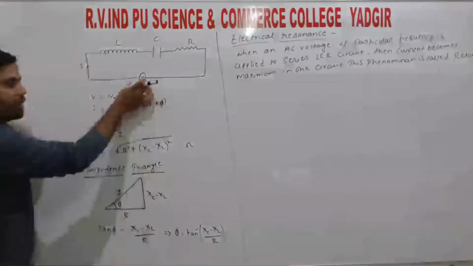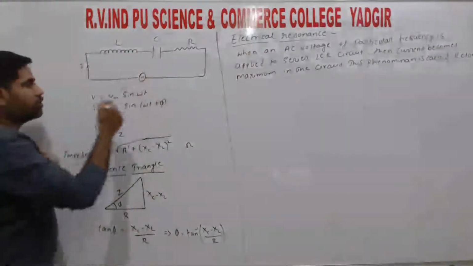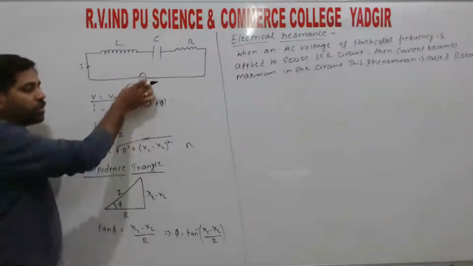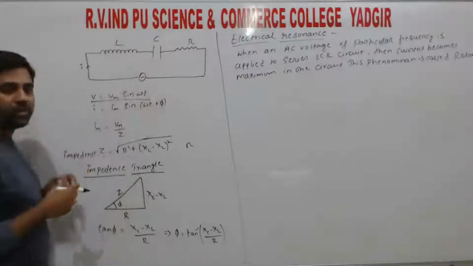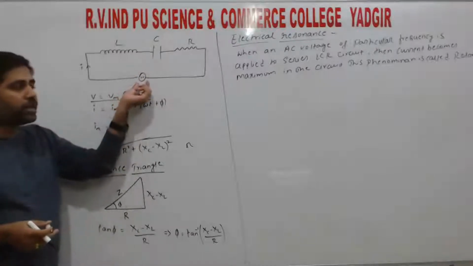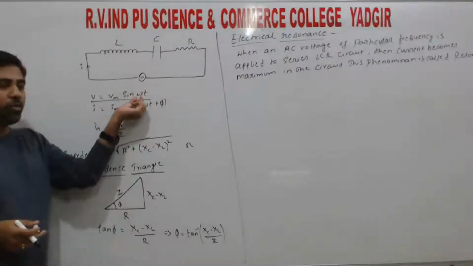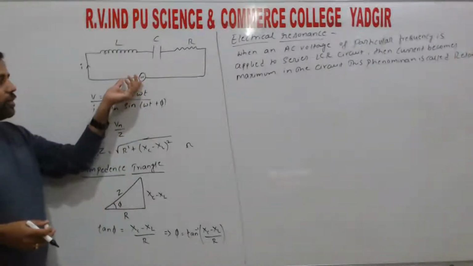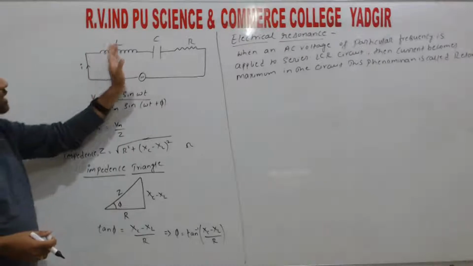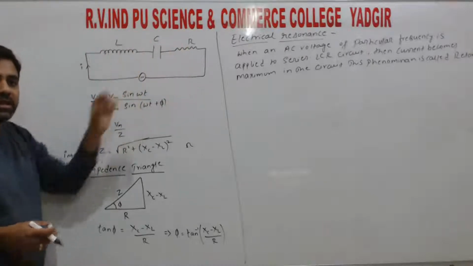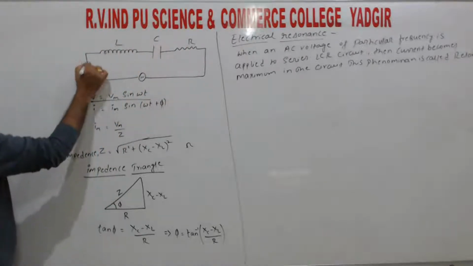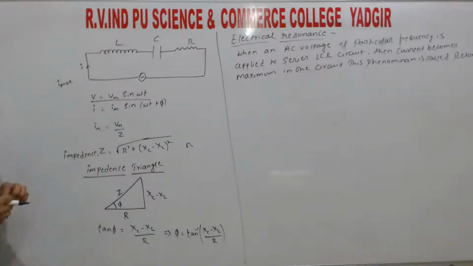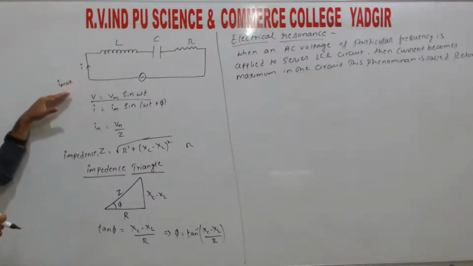Applying the voltage V equals Vm sin omega t, a voltage of a particular frequency, where omega is the angular frequency, when we apply it to the series LCR circuit, the current I flowing in the circuit becomes I maximum.